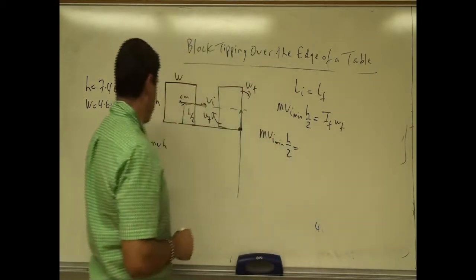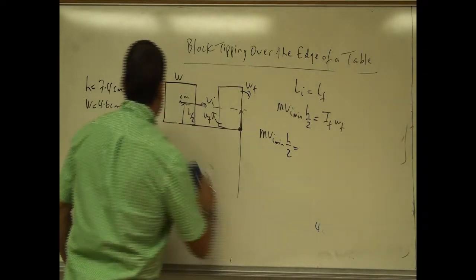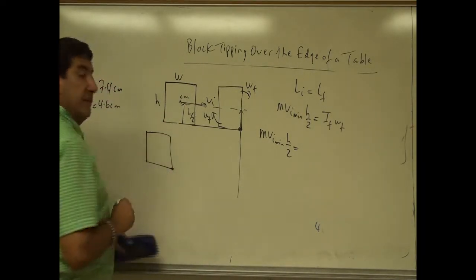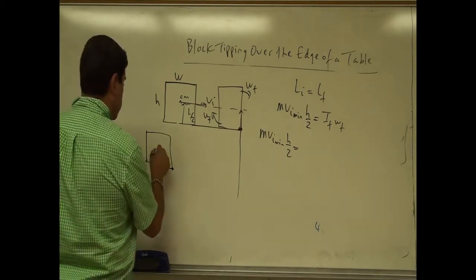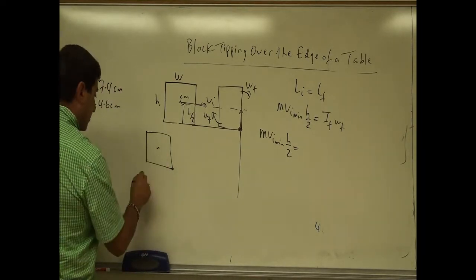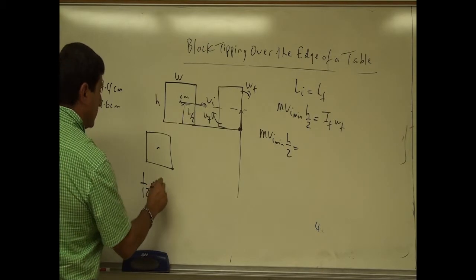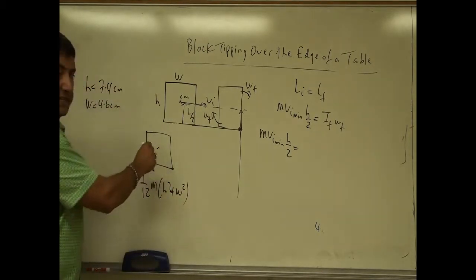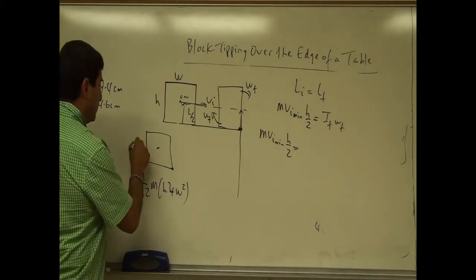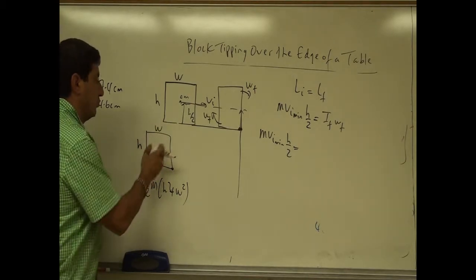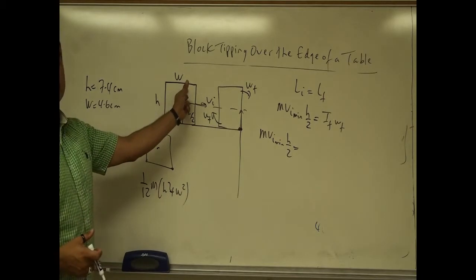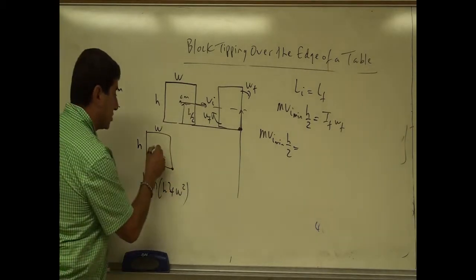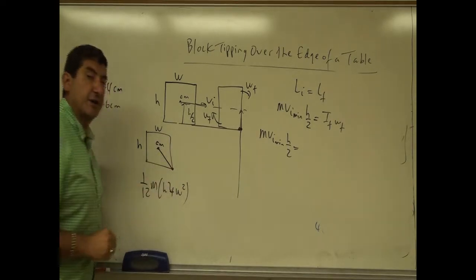What is I final? Well, we need to calculate the moment of inertia of the object about the front pivot point. So we use the equation, moment of inertia about the center of mass is 1/12 m times h squared plus w squared, right? The axis is coming out of the board. The only dimensions that matter are the height and the width. The dimension of the block coming out of the board does not matter. So that's the moment of inertia about the center of mass. Then I use the parallel axis theorem.